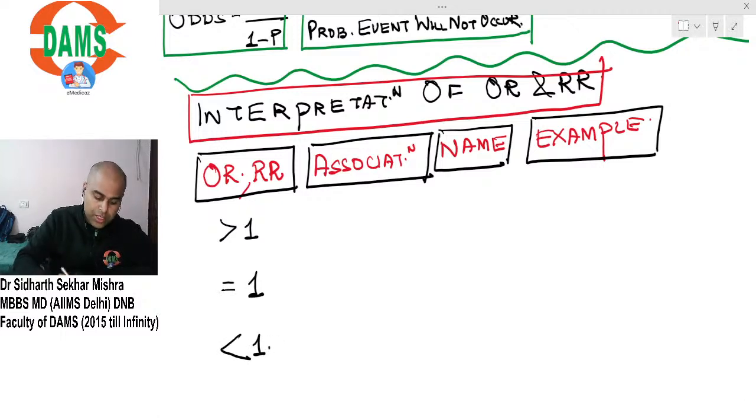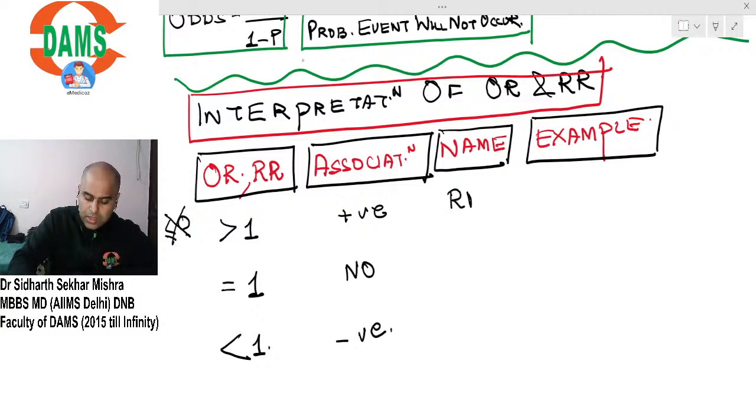Remember, odds ratio and relative risk can never be less than or equal to 0. No confusion in this. So this is positive association, no association, negative association. This is a risk factor. This is a null value. This is a protective factor.